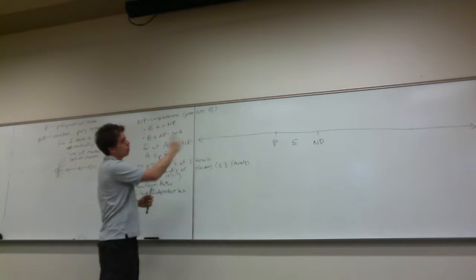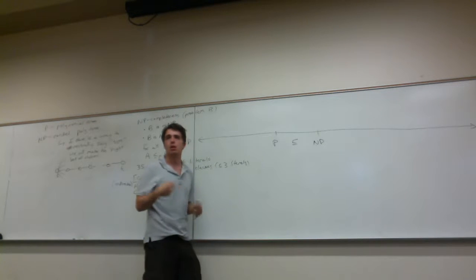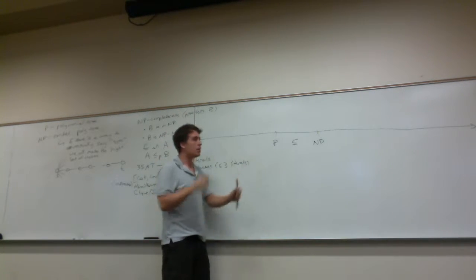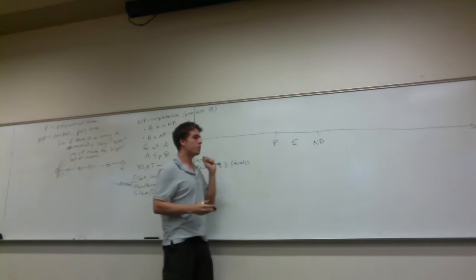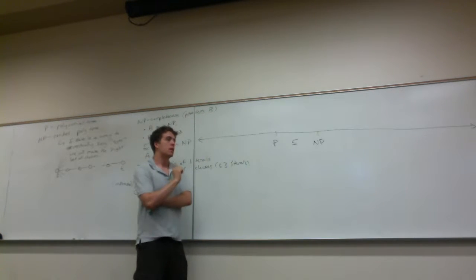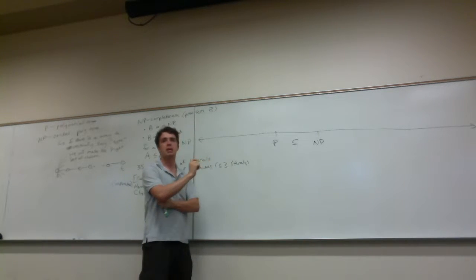Certainly, if you have polynomial space, then it's at least as powerful as polynomial time, because in order to even write that amount of space, you need that much time anyway. But in polynomial space, you might get a lot more because you can reuse space.